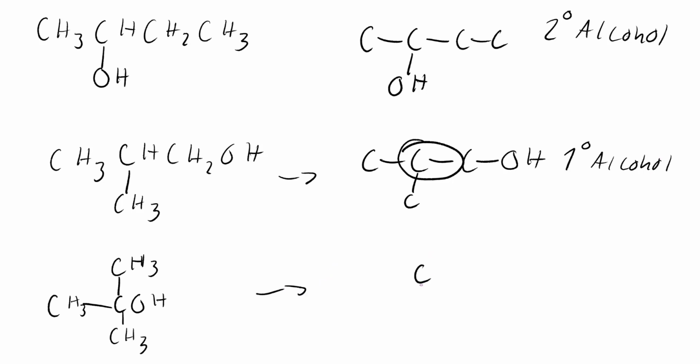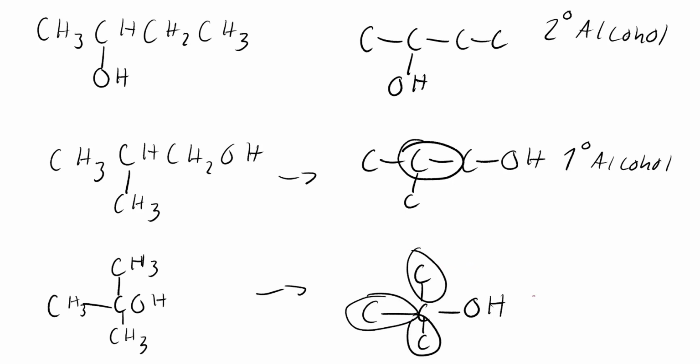Just do the kind of line structure or condensed formula. Carbon, another one, and another one. Alcohol. That alcohol is attached to the mother carbon, and that mother carbon has 1 child, another child, and another child. She has 3 children, so that is a tertiary alcohol.